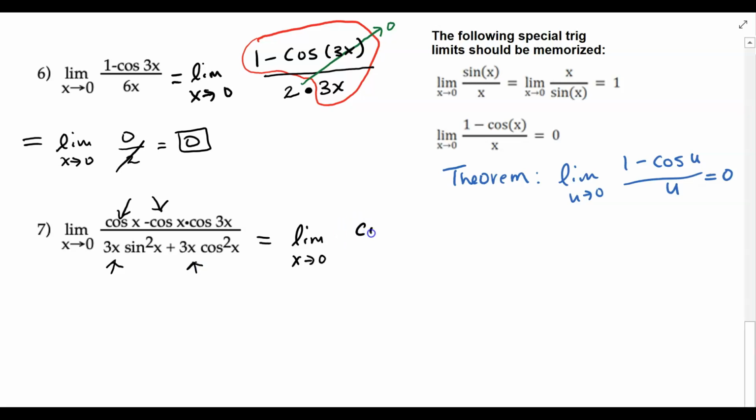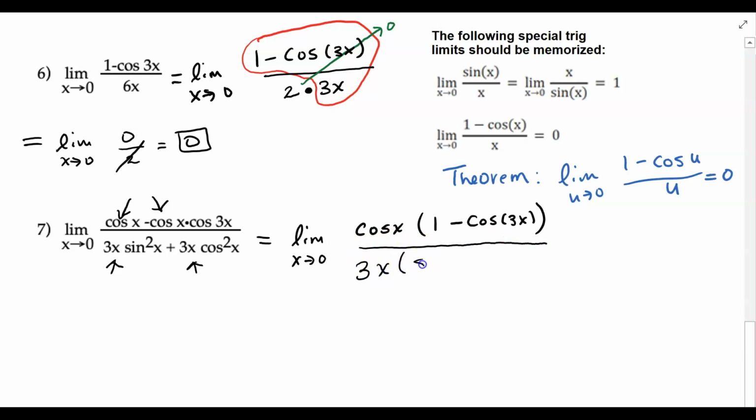So I'm going to factor out a cosine from the top, and it's going to leave me with 1 minus the cosine of 3x. That's really nice, looks just like that. And then in the denominator, I noticed that they had in common a 3x.